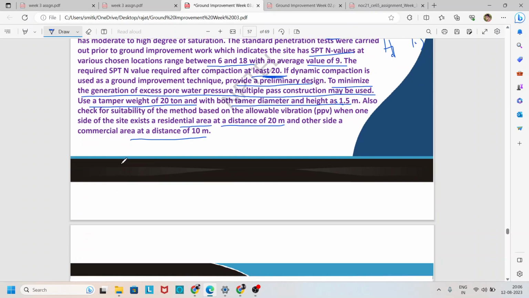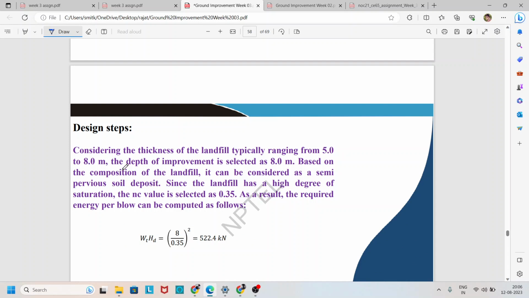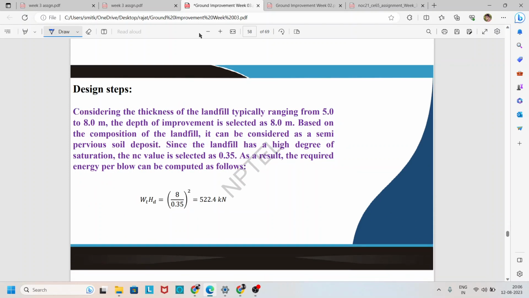So let's start with the problem. First, we fix our depth of improvement. It is found that we improve the ground between 5 to 8 meter, so we select our depth of improvement as 8 meter.